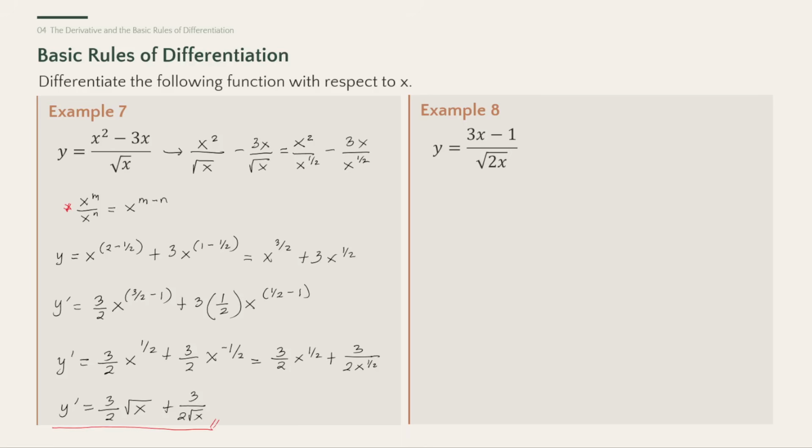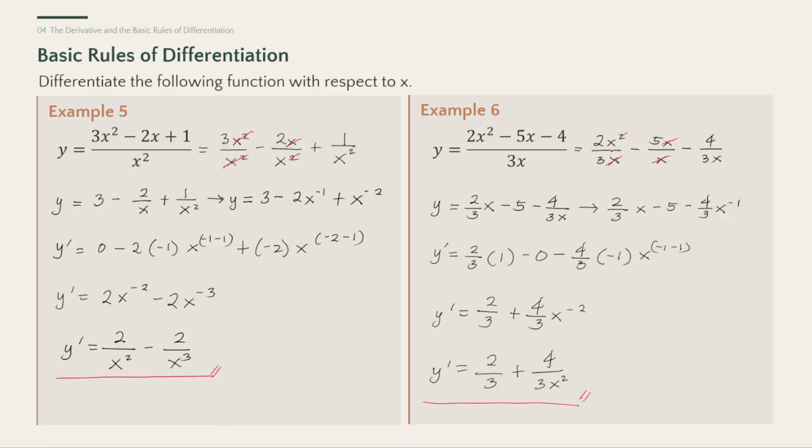Okay, the next one, there's a constant inside the radical. So the solution is the same. Separate the fractions, minus 1 over the square root of 2x.